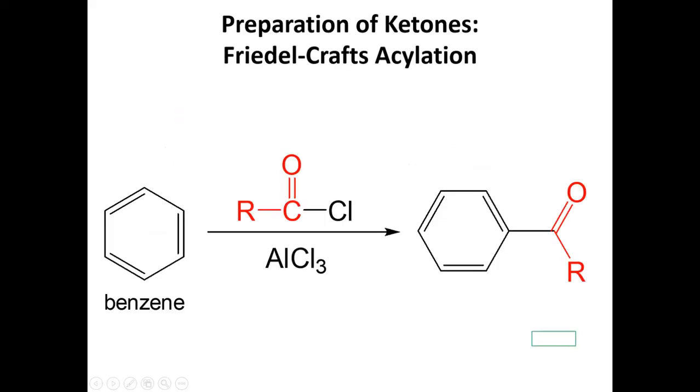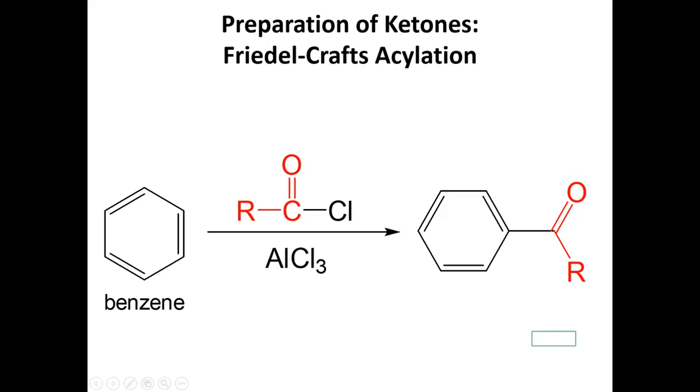And preparation of ketones, or Friedel-Crafts acylation. Okay, benzene will react with acyl halide or acyl chloride here in the presence of aluminium trichloride. This compound acts as a catalyst to boost the reaction and make the reaction faster.